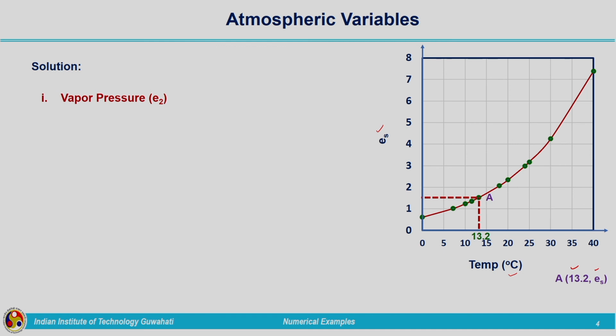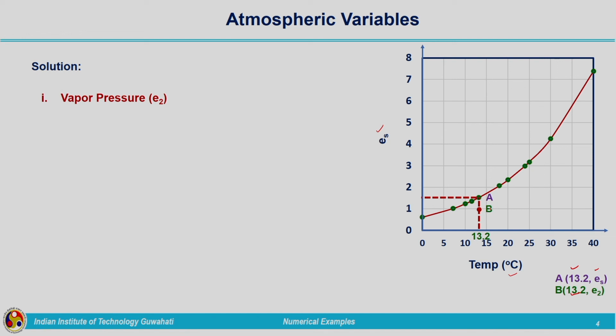So, here from the curve we can understand that corresponding to 13.2 degrees Celsius temperature, we have a saturation vapor pressure of ES. And now you look at, we need the vapor pressure corresponding to this temperature. So, we are considering a point B, and corresponding to that point we have the same temperature 13.2, but the vapor pressure is different.